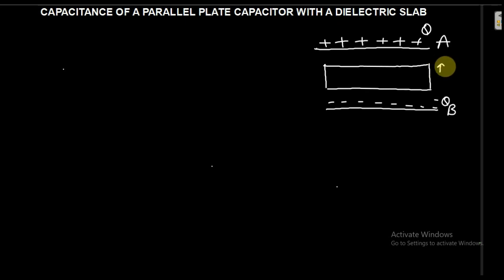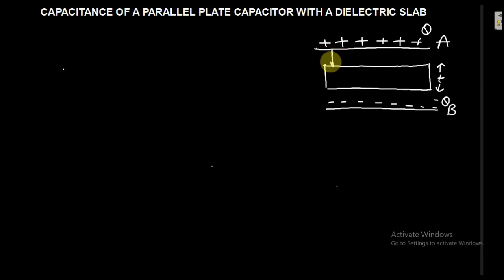The thickness of this dielectric slab is t, and let us see how the electric field behaves due to the positive and negative charge of the parallel plates of the capacitor.